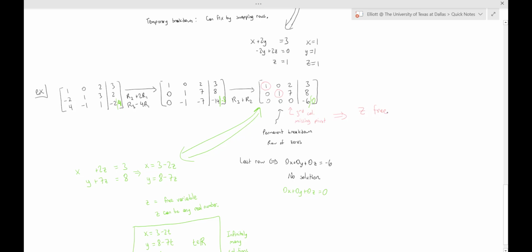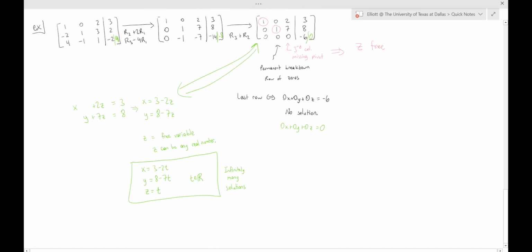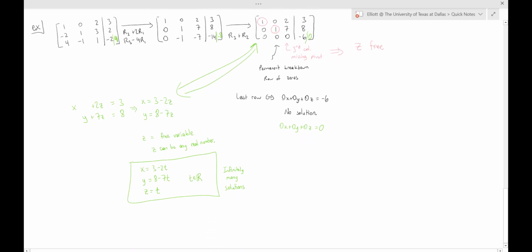All right. So that's just something good to keep in mind. When there's a column without a pivot, that tells you that you have a free variable. And then the presence of a free variable means that you're going to have infinitely many solutions at the end. Okay.